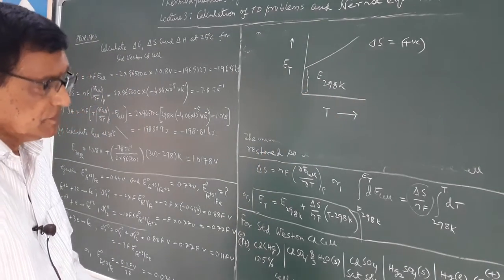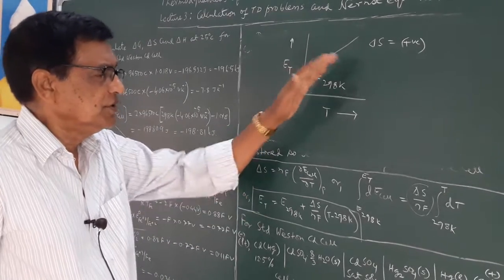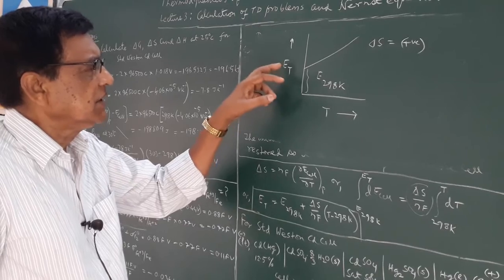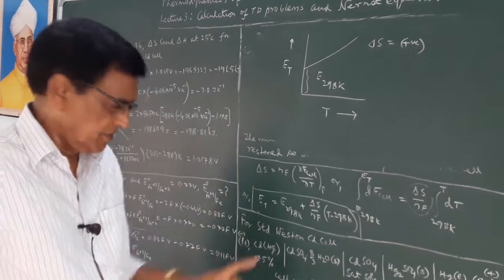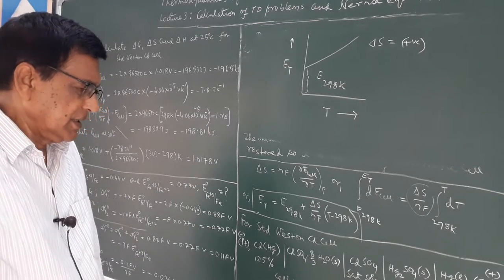So this is the formula, and this is the graph by which E T or EMF of this cell varies with temperature.